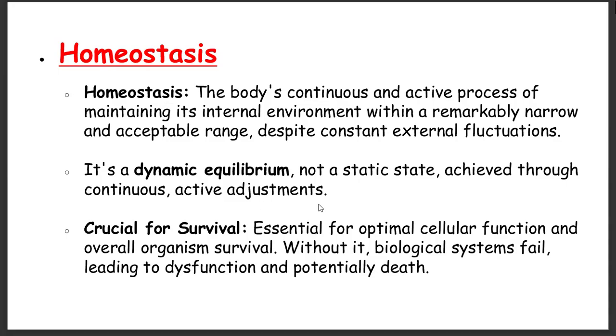So we have acceptable ranges. For example, if we talk about the human body temperature, we know to say the body temperature has to be maintained at a certain figure, but that number is not an exact number.